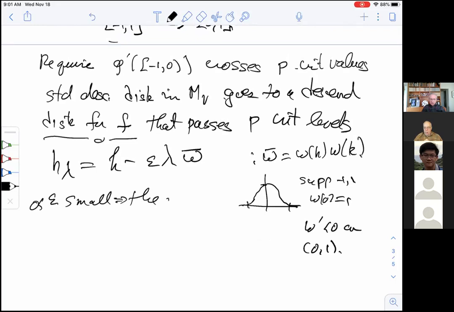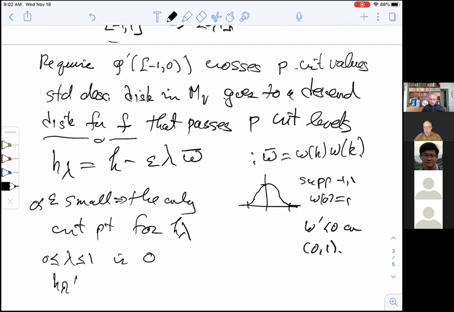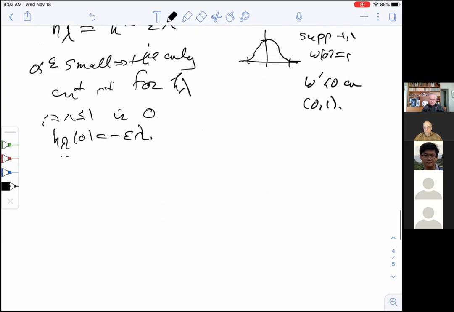then the only critical point for F lambda, for any lambda between 0 and 1, is the origin. And the value, of course, F lambda at the origin is minus epsilon lambda, because omega bar at the origin is 1.